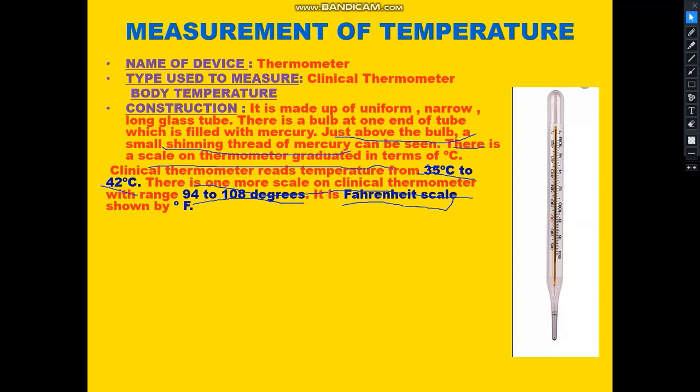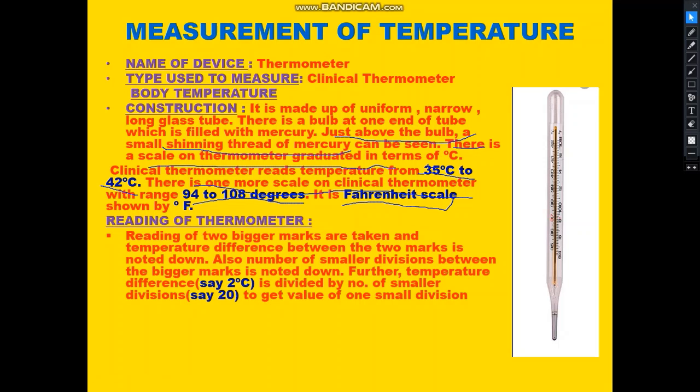Continuing with the next area, how to take a reading using the thermometer. Let's proceed with the detailed procedure. Firstly, reading of two bigger marks are to be taken, and the temperature difference between these two bigger marks is noted down.